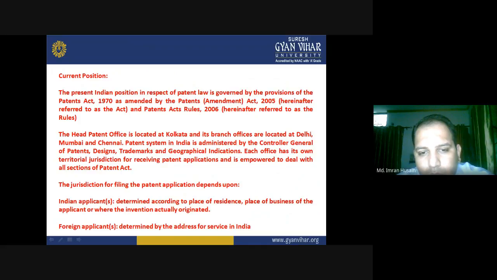Patents protect the investments made for research and development and create an incentive for innovation. So it is also very beneficial for the individual who has done the innovation. Granted patents as well as patent applications are published.